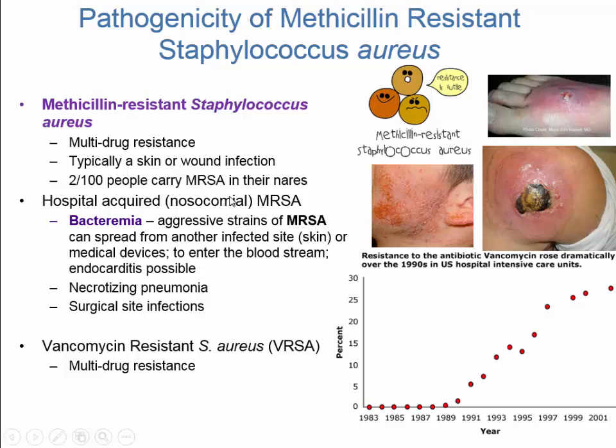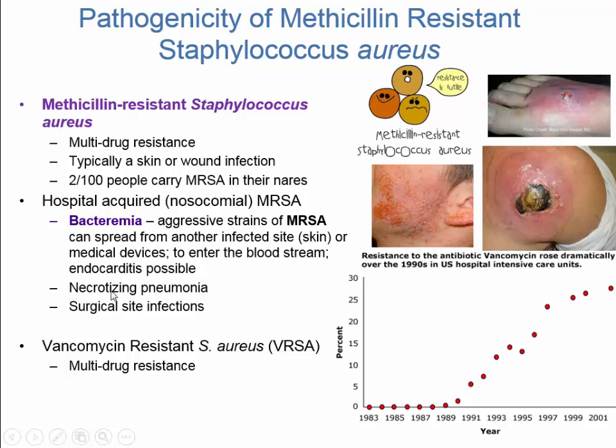So nosocomial acquired can lead really quickly to bacteremia and potentially septicemia. And so when you have bacteremia, it's indeed the spread of this particular microbe from the skin, contaminating other medical devices and then reaching the bloodstream. And once it reaches the bloodstream, you're at risk for endocarditis.